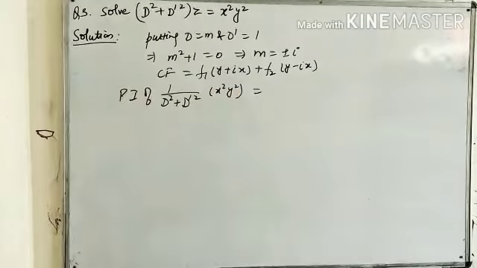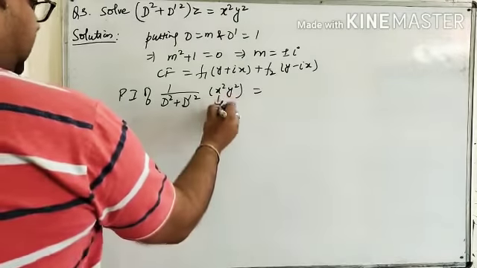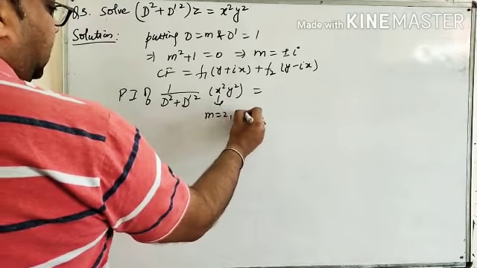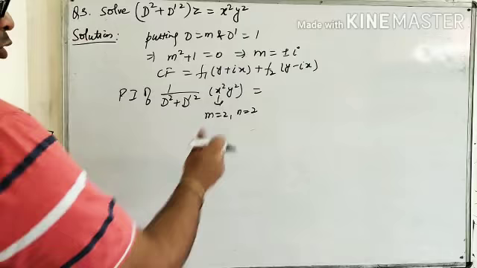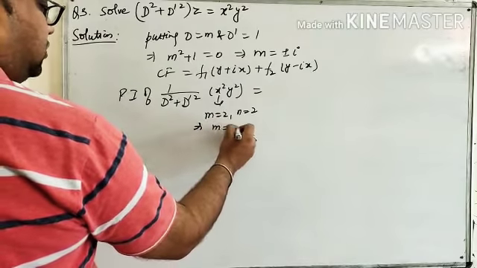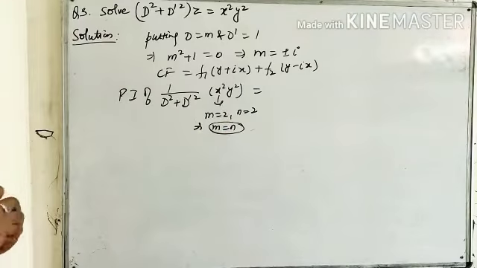Now what is m? 2. What is n? Also 2. So both are equal, m equals to n. Then we shall use either of the first condition or the second condition.